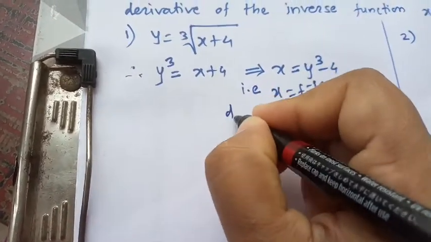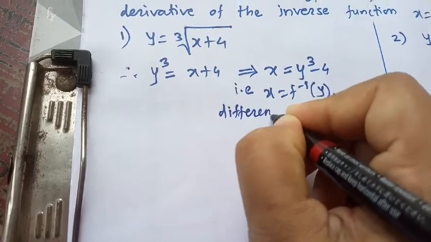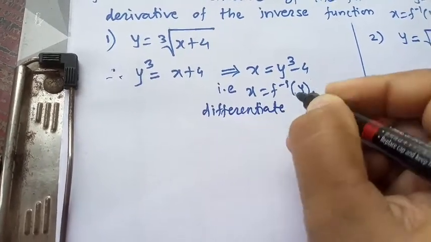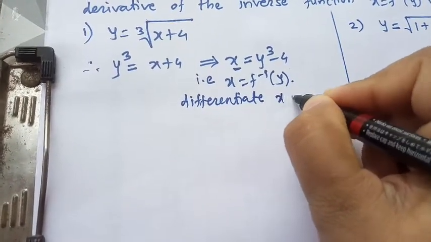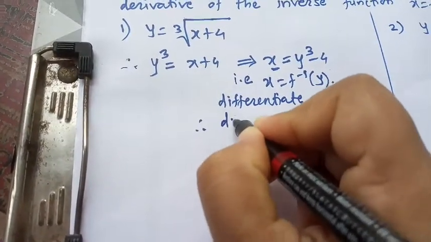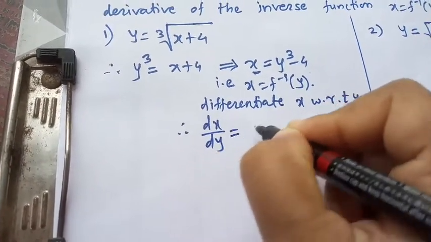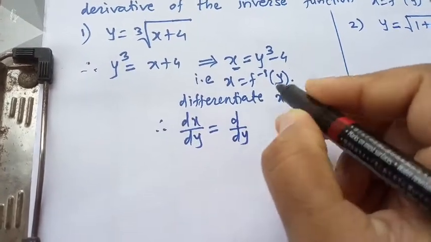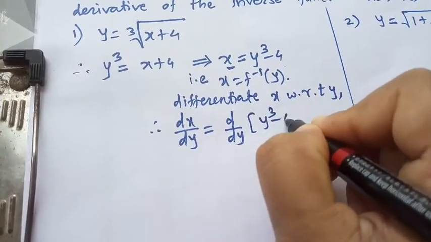Therefore differentiate x with respect to y. Therefore dx upon dy is equal to d by dy of y cube minus 4.